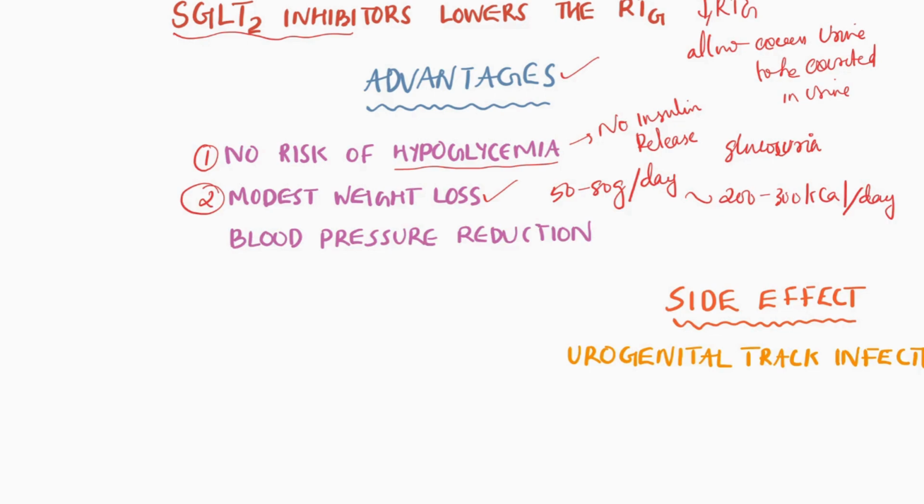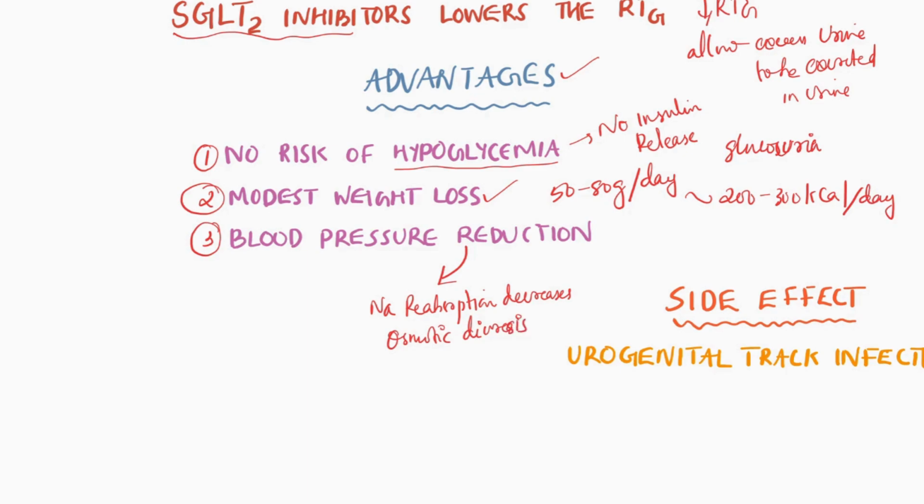The third thing is it reduces blood pressure, or it can maintain blood pressure when it is high. When glucose is excreted, sodium reabsorption also decreases, because glucose and sodium are co-transported by SGLT. This results in the loss of sodium through urine as well as osmotic diuresis, that means the loss of water.